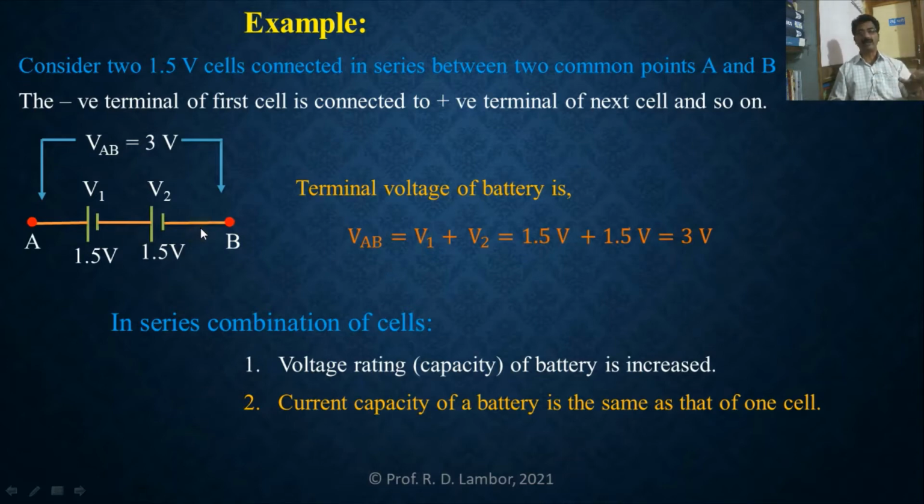That will be increased, because when resistors are connected in series combination, their effective or equivalent value increases. That's why in series combination, the effective internal resistance increases. So in this way, we can explain the concept of series combination of cells.